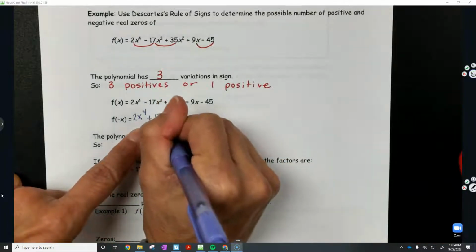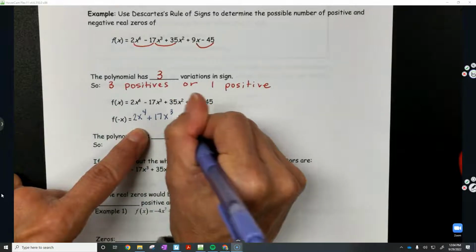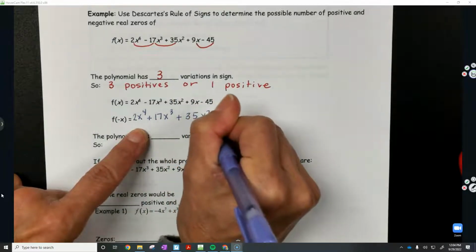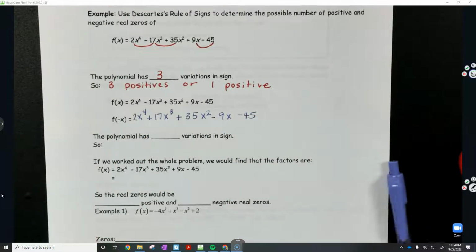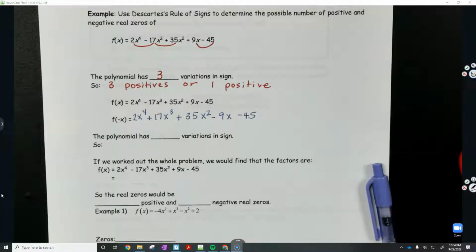Anything that has an odd degree is going to change signs. So when we plug in negative x, a couple of things changed. The 17 changed and the 9 changed because they both had an odd degree.